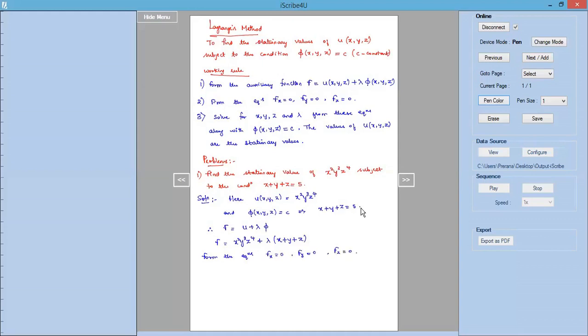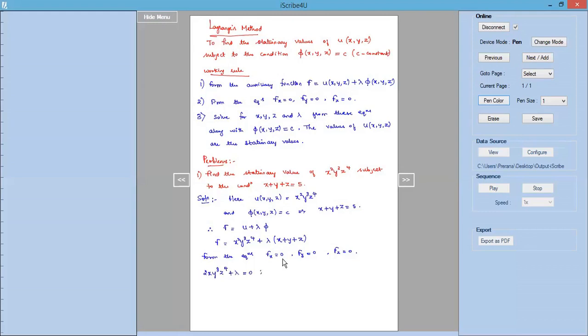So dou f by dou x. Differentiating the f function partially with respect to x, with respect to y, and with respect to z, we equate them to 0. So fx is equal to 0 will fetch us 2x y cube z power 4 plus lambda is equal to 0.